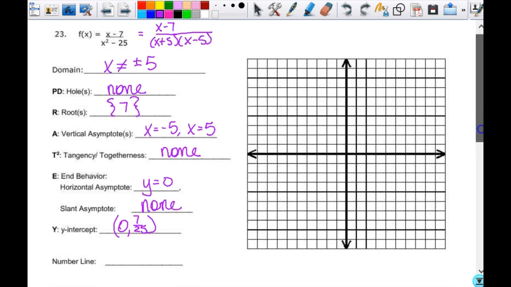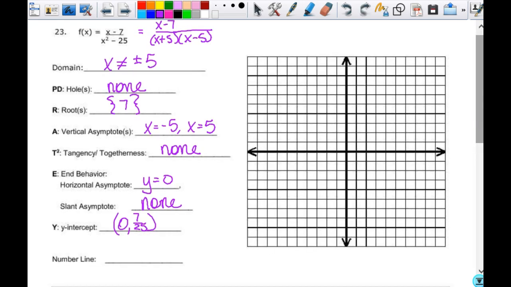On my number line, I'm going to put my roots and my asymptotes. So negative 5, positive 5, and positive 7. So then if I plug in a negative 6, that's going to give me negative, negative, negative, which is overall negative.